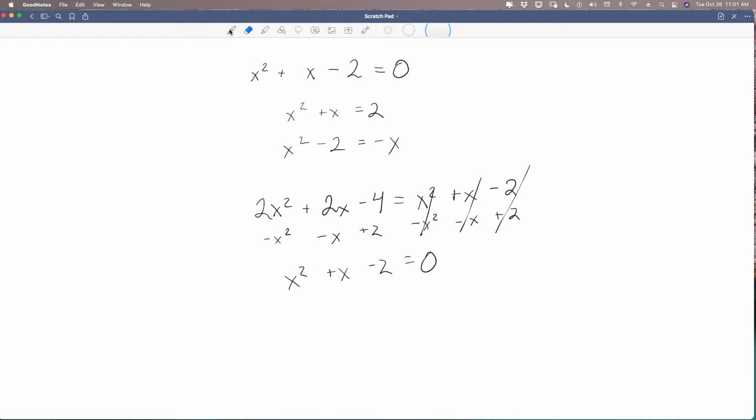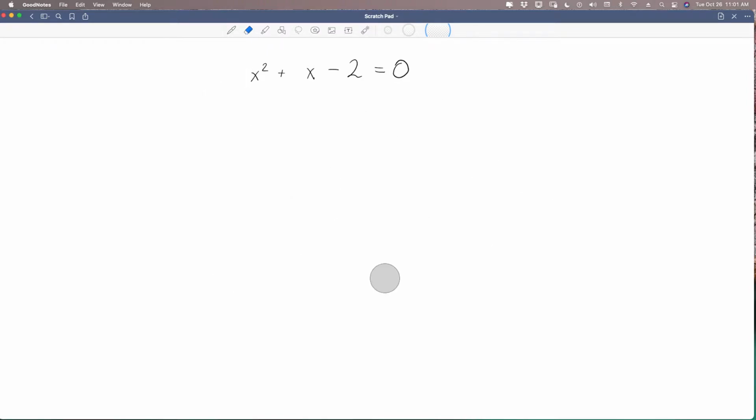For the most part, when we have these quadratic equations, we can factor, especially when we set them to 0. We can just factor them into binomials, and we get x plus 2, x minus 1. So when positive 2x and negative 1x combine, we're left with a positive 1x.